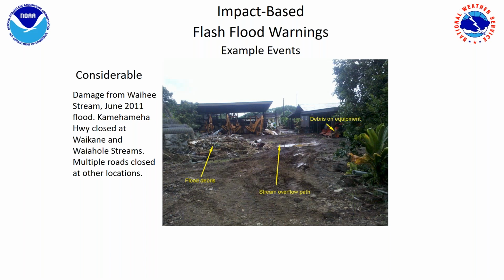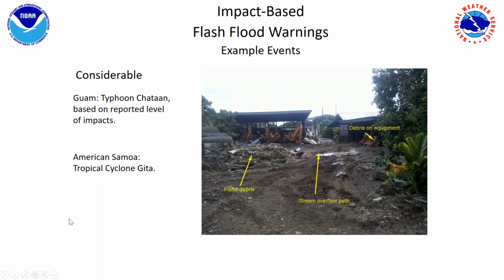You have multiple road closures and maybe some vehicles get stranded, and so people have to be rescued from those stranded vehicles. That would be enough to be a considerable level event.